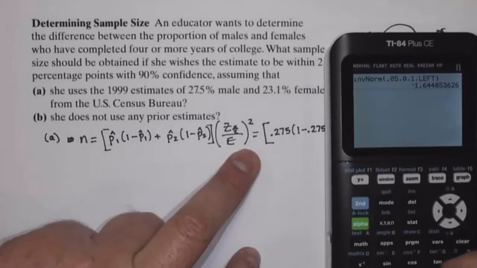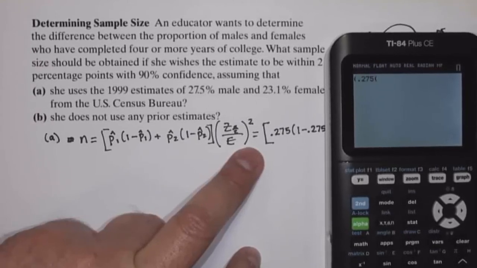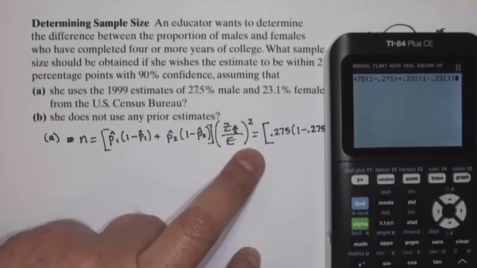So if I bring in my calculator to type that in, I'm going to need a parenthesis, 0.275 times parenthesis 1 minus 0.275, close that parenthesis, plus 0.231 parenthesis 1 minus 0.231, close the parenthesis, close the bracket. We have to close the parenthesis, but that's like the bracket. And then that is times parenthesis 1.645 divided by 0.02, close parenthesis, and that gets squared.